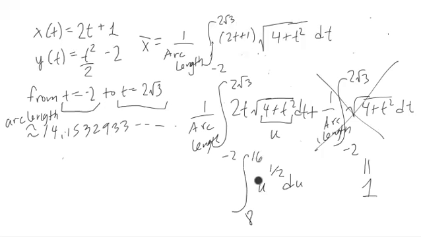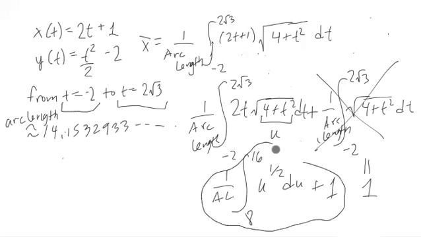Just double check to make sure that's right. Yeah, okay. So we get from 8 to 16, and then we have this integral. We have 1 over arc length, so AL, say, and then this is just plus 1. So this is what we have so far. And this is a lot simpler to work with.